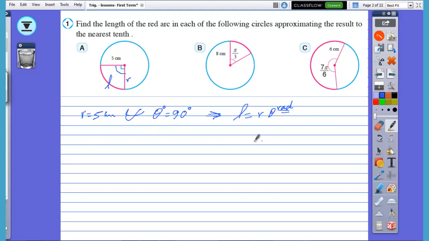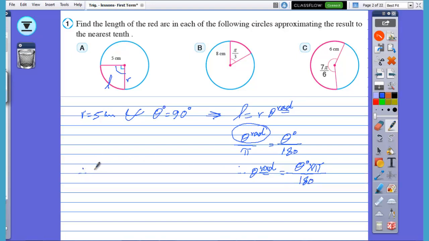So we'll use this rule: theta radian over pi equals the measure of the angle in degrees, theta degrees, over 180. From this form, the required here is to find theta radian. So theta radian equals theta in degrees multiplied by pi over 180.